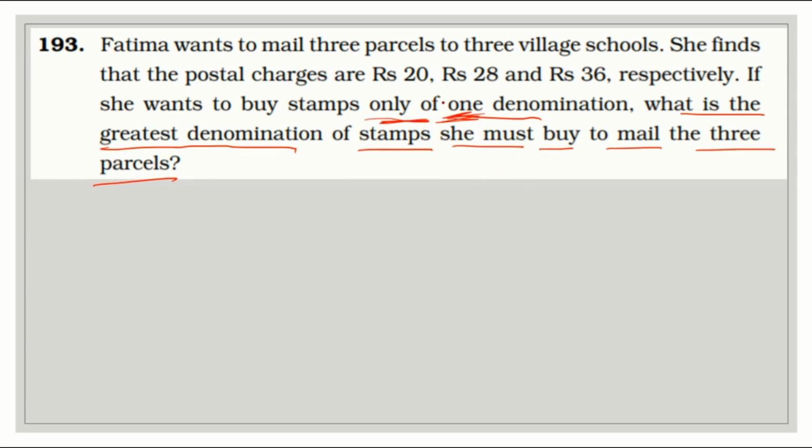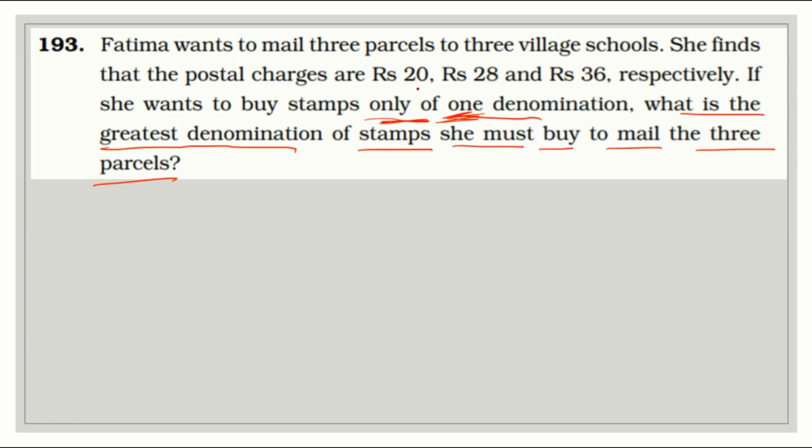If you take 1 rupee stamps, you have to paste 20, 28, 36. Huge work. If you take 2 rupee stamps, you have to buy 10 for this, 14 for this, 18 for this. And with 3, this cannot be posted and this cannot be posted, only this can be posted because of 12 3-rupee stamps.